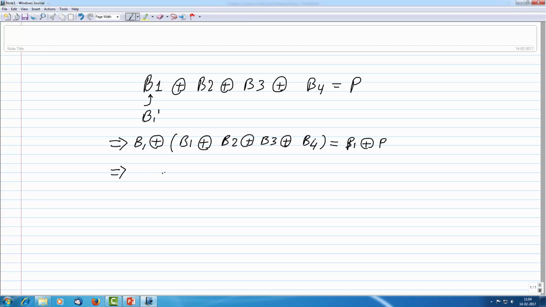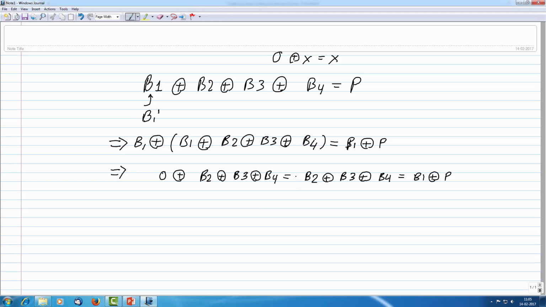B1 exclusive OR B1 is again 0, exclusive OR B2, and this is a standard identity that 0 exclusive OR X is equal to X. So this is B2, B3, and B4, or the parity.